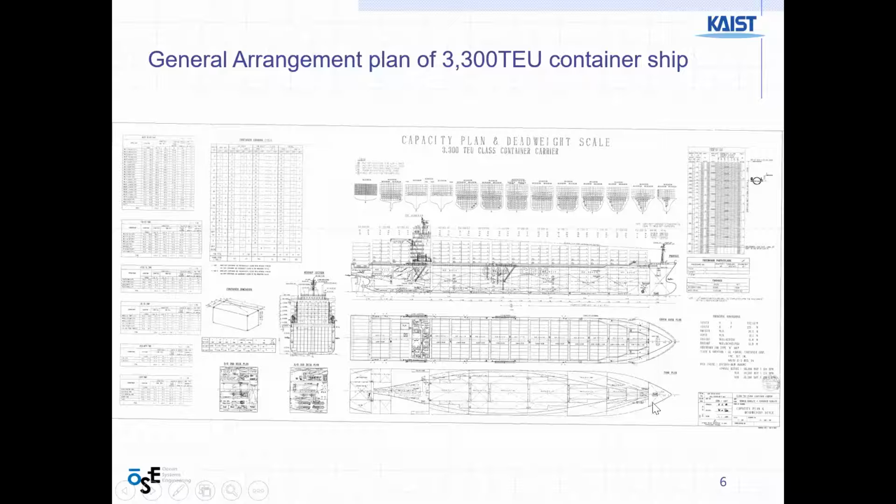You can say this is a bottom floor of the ship, a double bottom floor. And there is a propeller, it looks like a propeller at the left-hand side. In this floor, there are no containers because it is the very lowest part of the ship.